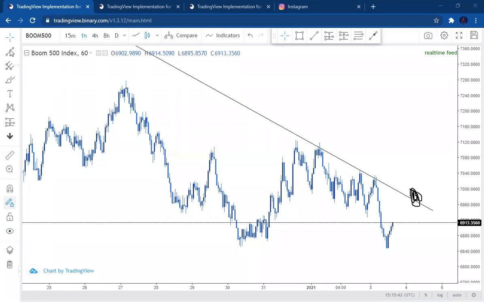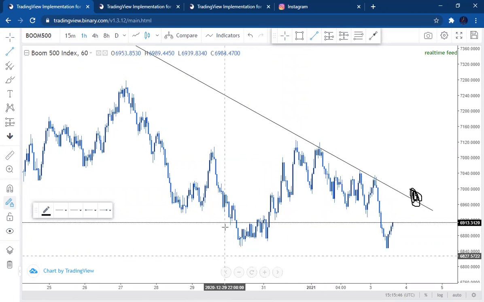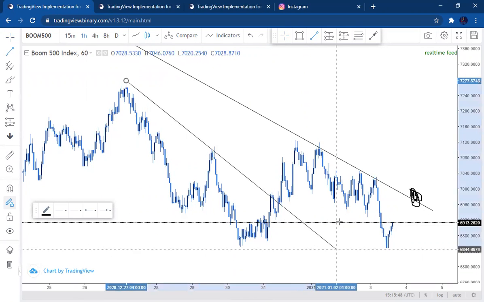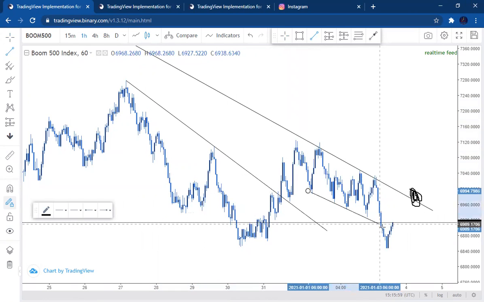Meanwhile, in the 1 hour time frame, you can also draw a trend line right here to guide your trading. Trend line acts as a guide, as I always say.